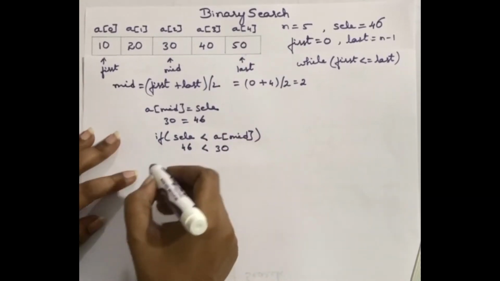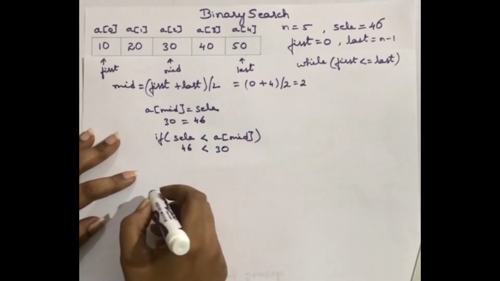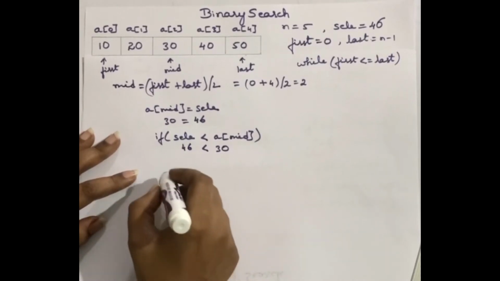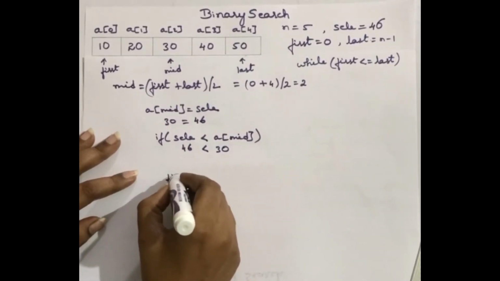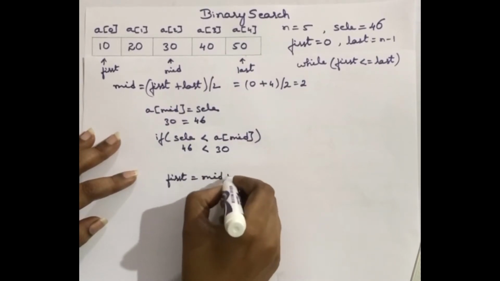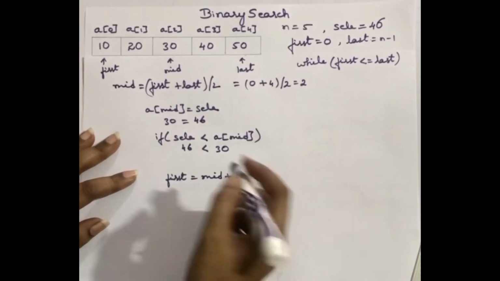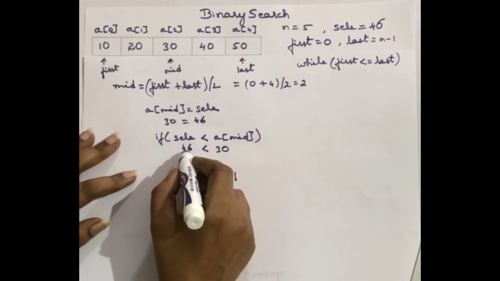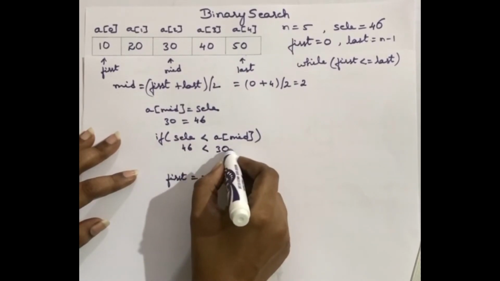So the false statement, as I have taken previously, the else statement, is first equal to mid plus 1. So in this case 46 less than 30 is false.